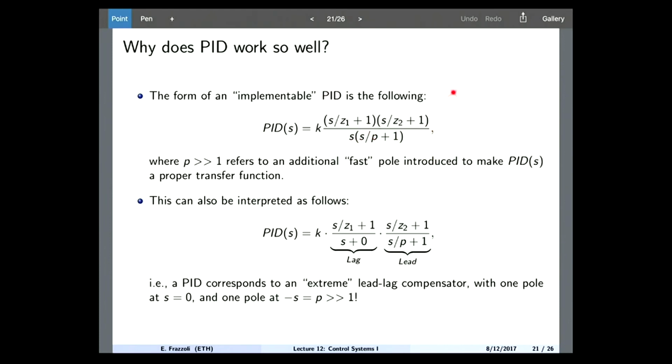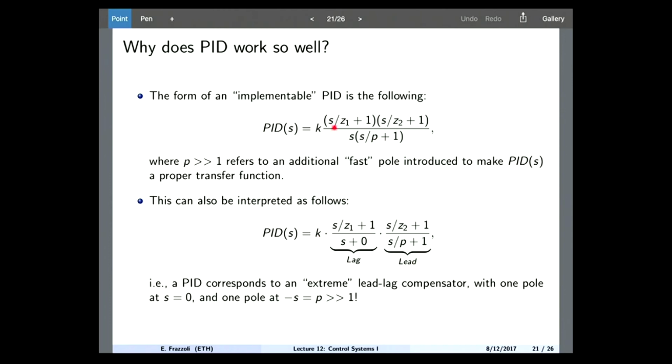Since I have 2 zeros, I need at least 2 poles. One is at the origin, that's the integrator. Then I need another pole, which I will put at some high frequency, just to make the transfer function causal. This is the factor form of a PID controller, I'm just writing it as factors. But now you can group things in this way, and then what you see is that K is your proportional gain.